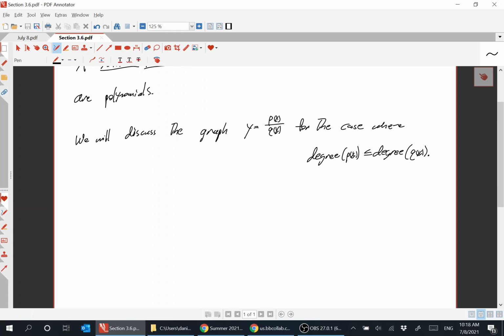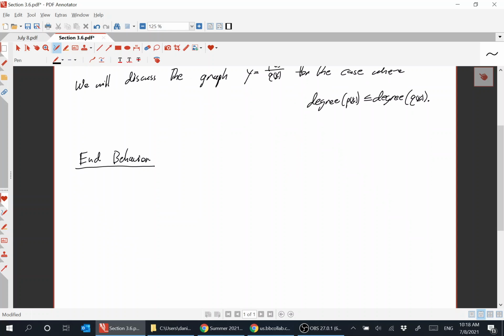All right. So first of all, let's consider p and q to have the same degree. And let's talk about the end behavior. Okay, end behavior. Suppose that the degree of p of x, the numerator, is equal to the degree of q of x, the denominator.